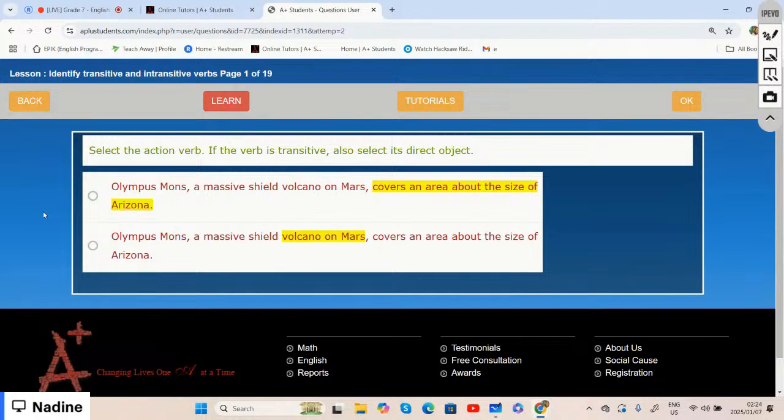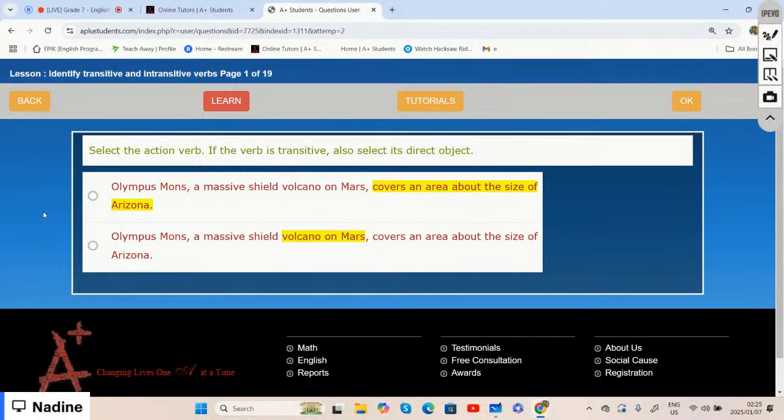Or option two, the same sentence, but looking at the words in bold: option one, covers an area about the size of Arizona, or option two, volcano on Mars? We need to identify whether the verb is transitive, and we also need to select the direct object. So which one is correct?